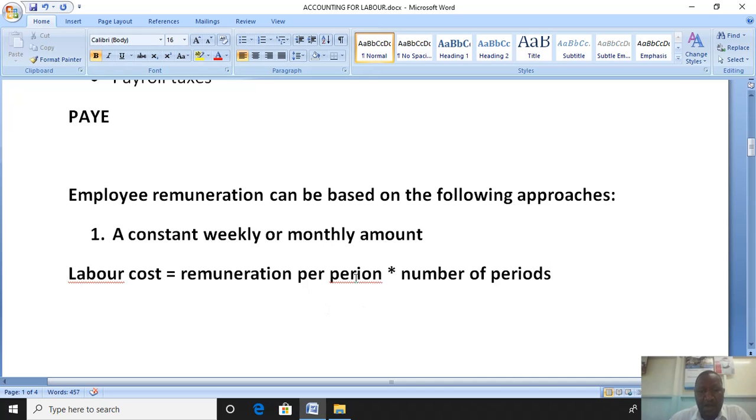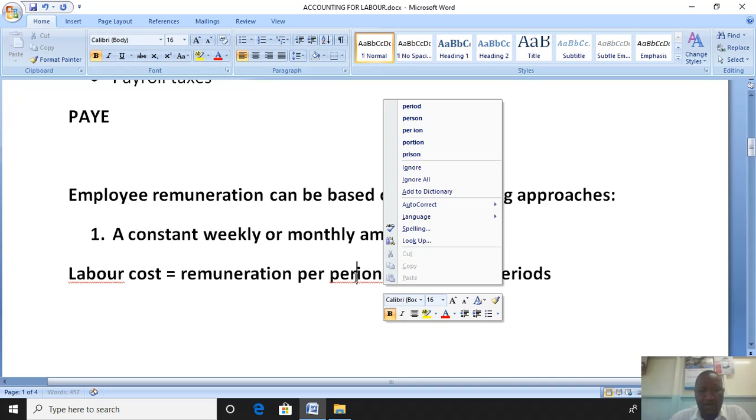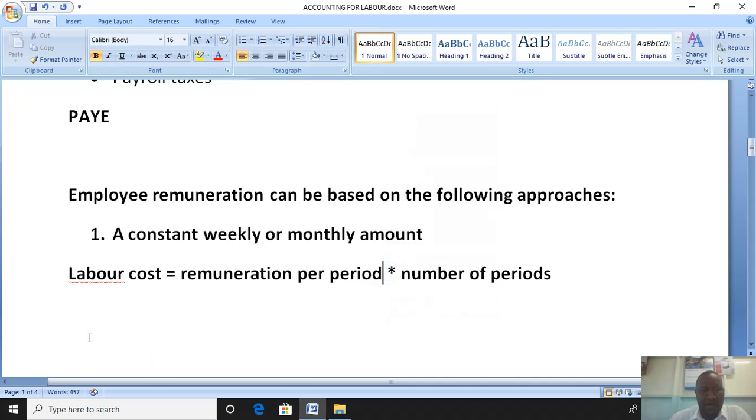For example, if a worker is paid, say, 5,000 per month, the labor cost for 1 year will be that 5,000 per month multiplied by the number of months in that particular year. That will be the labor cost.